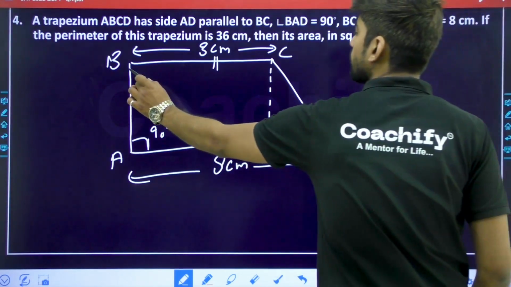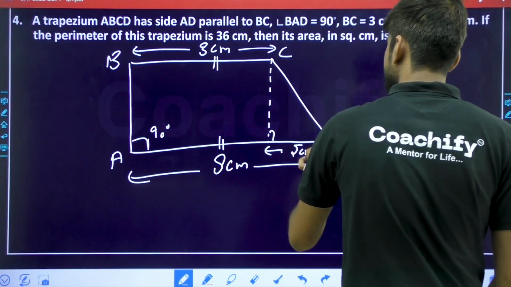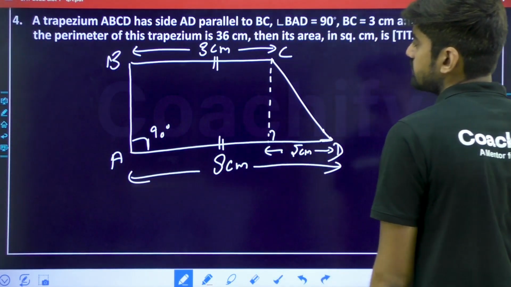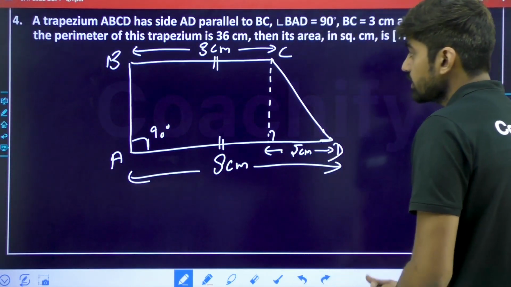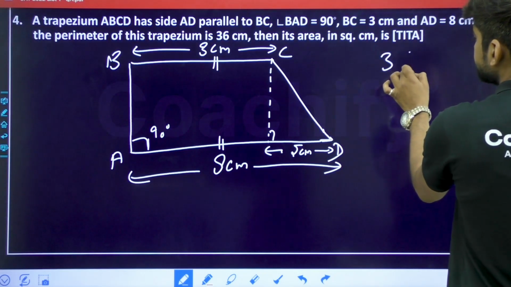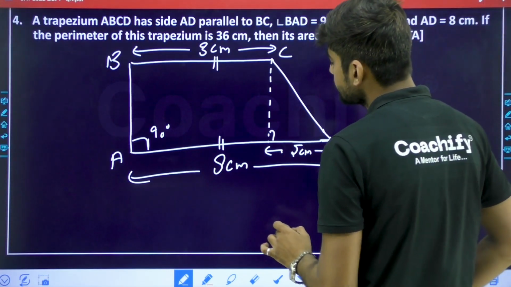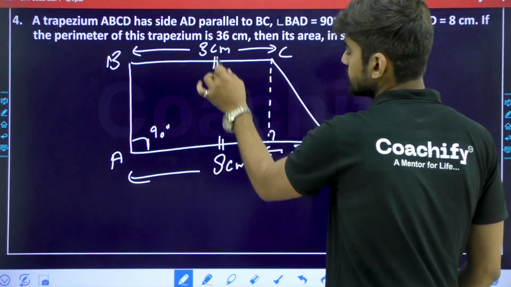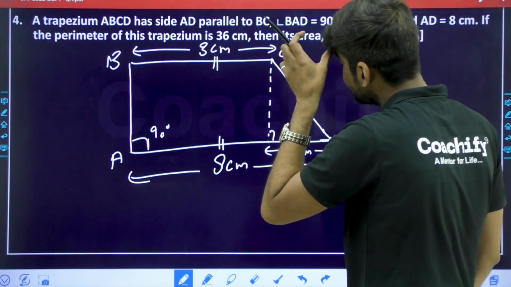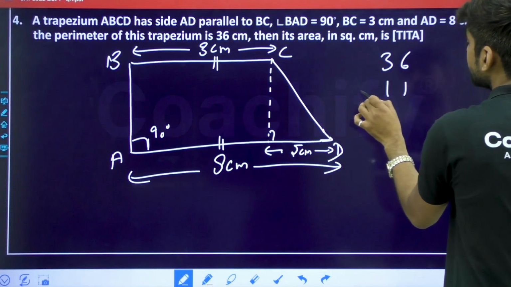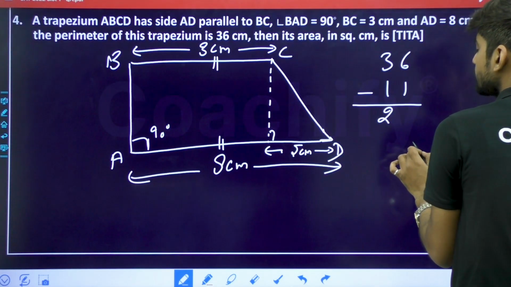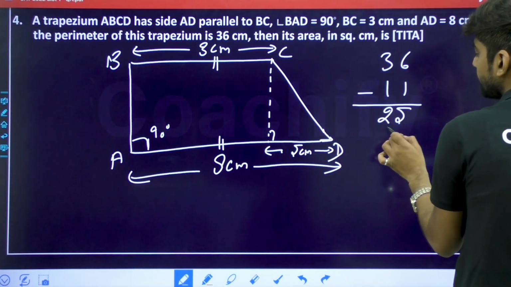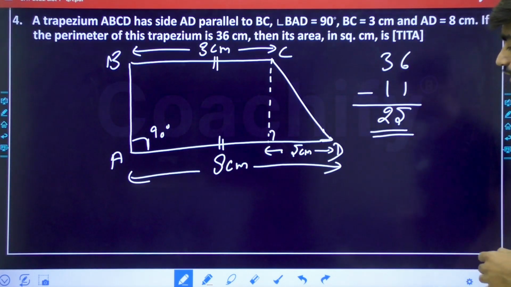That means the total boundary, which is AB plus BC plus CD plus DA, is given as 36. I have to find out its area. Perfect. So from the total perimeter, if I subtract the sum of these two sides, which is 8 plus 3, that is 11, the sum of the remaining sides comes out as 25.